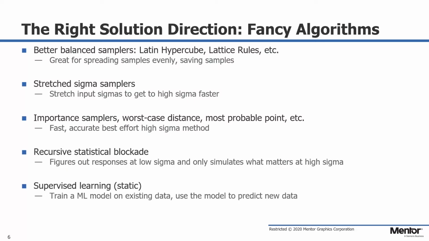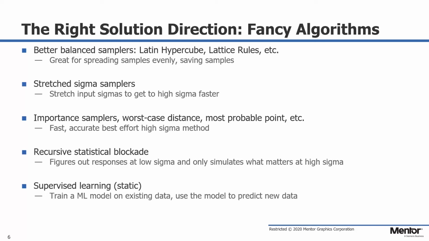The idea there is if you can distribute random samples better than randomization can, you can decrease the number of samples you need. There's stretch sigma samplers where we take our input distributions and stretch those out, and then when we sample from them, we actually get out to high sigma faster, which is cool.